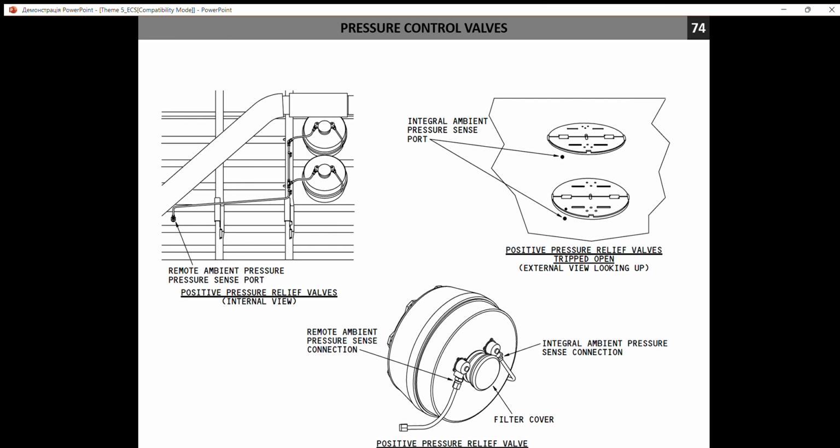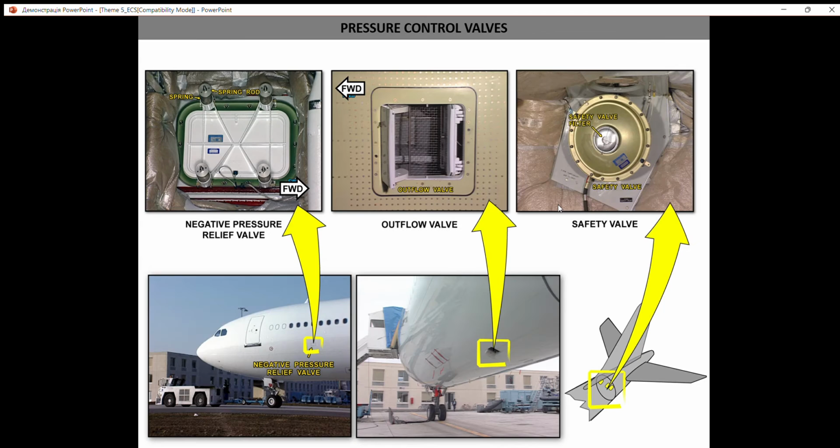So this is an example of pressure control valves and their location, and you may notice some special pipelines that connect our valve with atmospheric pressure, atmospheric air, these holes. And here you may see on the Airbus A330 the outflow valve in open position.